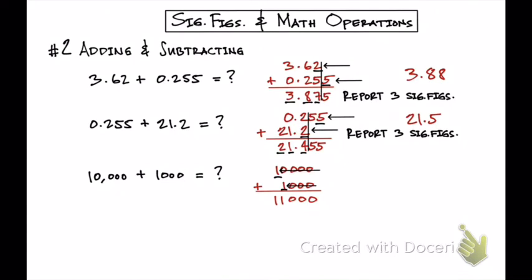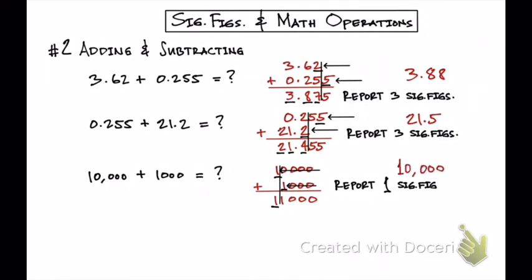The farther to the left, you would draw a vertical line behind it. And the digit that's to the left of that vertical line is considered significant. And so you would report this to only 1 sig fig. And the answer would be 10,000. You would have to round this down because the next digit is 1.